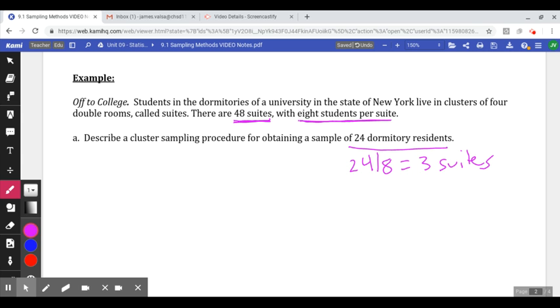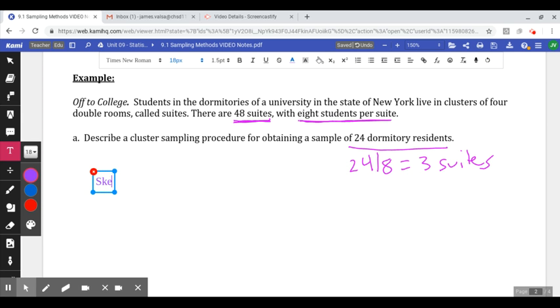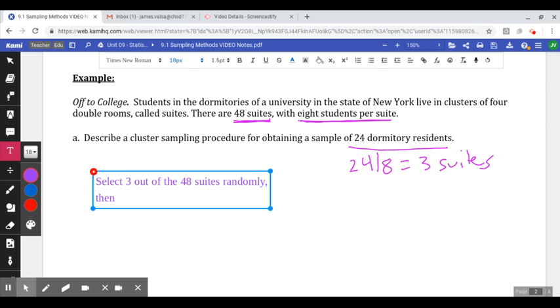So basically, you're going to select 3 out of the 48 suites randomly. Then survey everyone in those 3 suites.